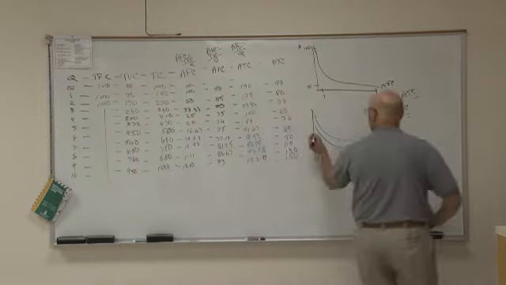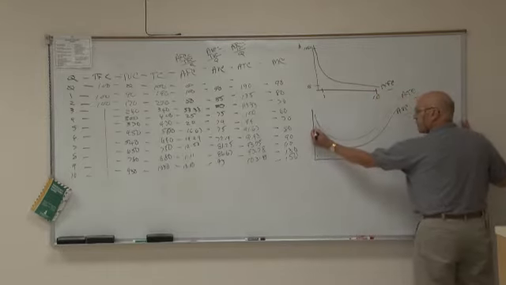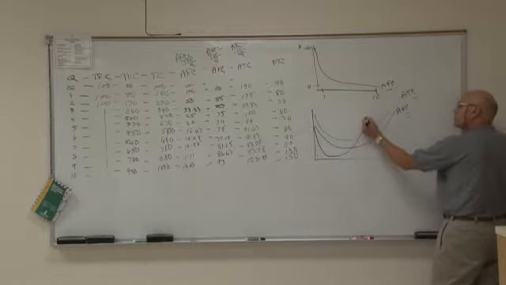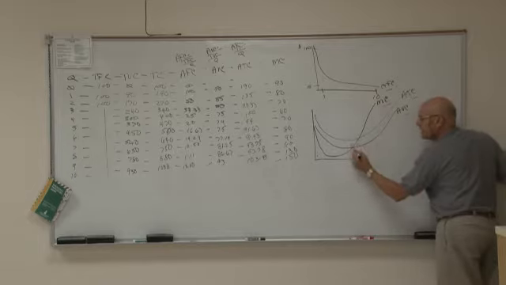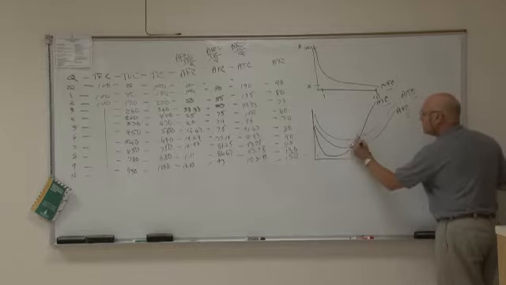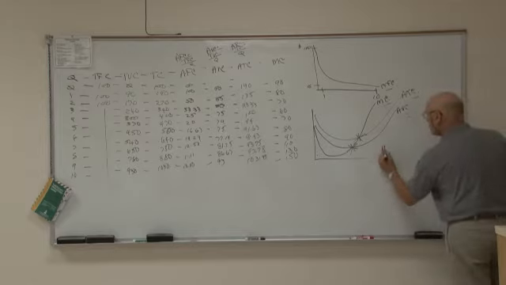And if I were to graph this, there's a unique property here. My marginal cost curve is also U-shaped, reflecting the law of diminishing returns, but it intersects my average variable cost and my average total cost at their lowest point.